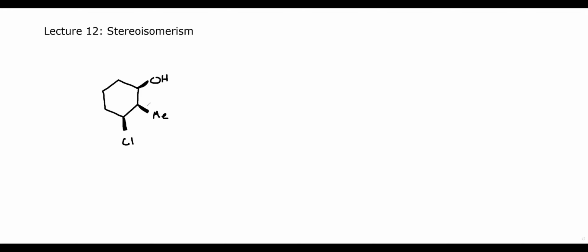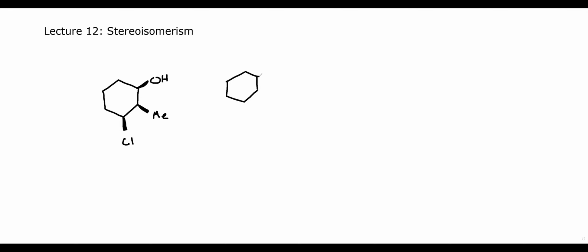So what if we have multiple stereocenters? This is a molecule that I drew here with 3 stereocenters. We have 3 carbons that are connected to 4 unique groups. If we have multiple stereocenters and we're asked to draw the enantiomer, we just have to remember to switch every single stereocenter. So let's draw the enantiomer here.